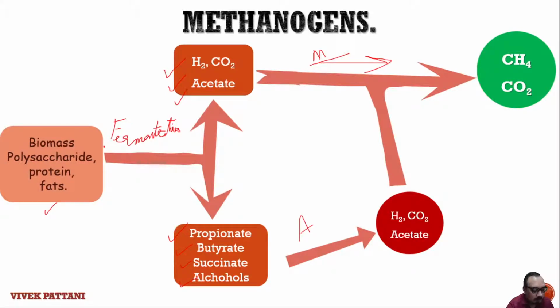Bacteria that ferment various polysaccharides such as cellulose convert them into succinate, propionate, butyrate, lactate, acetate, alcohols, carbon dioxide, hydrogen gas, etc. The second group, the acetogenic bacteria, ferment these products to acetate, formate, carbon dioxide and hydrogen, and these products are the substrate for the methanogenic bacteria.